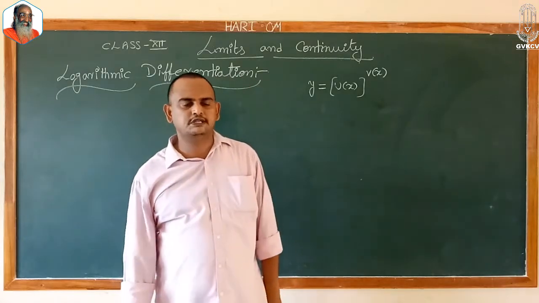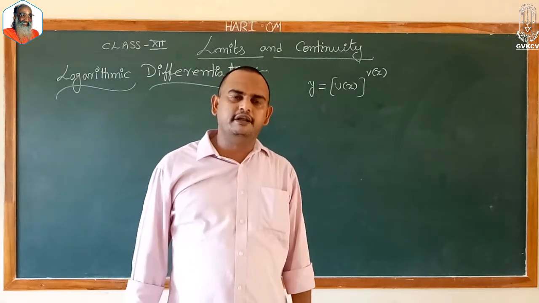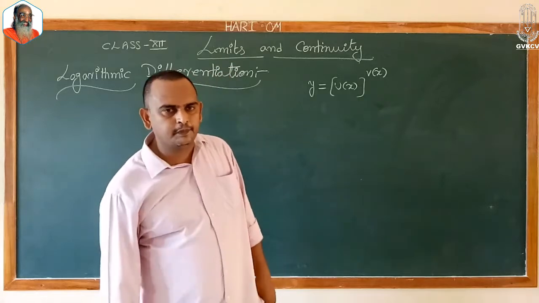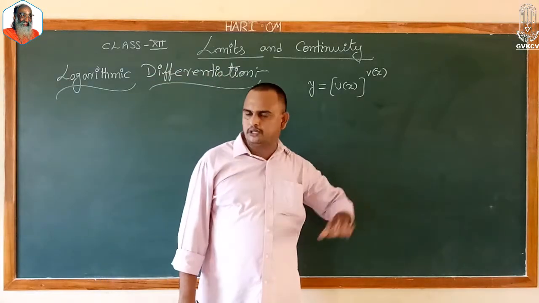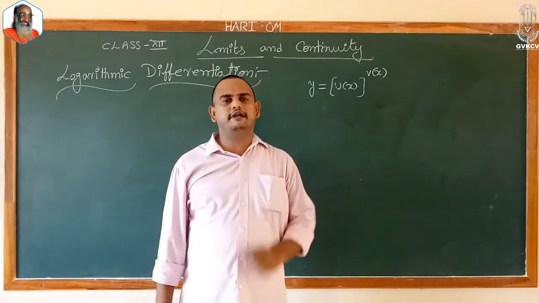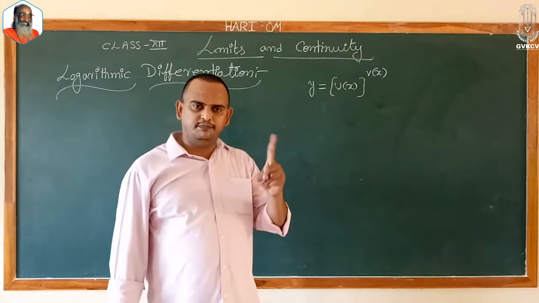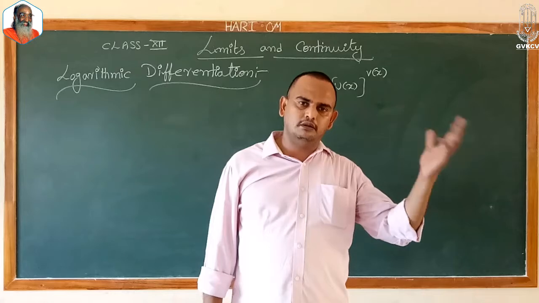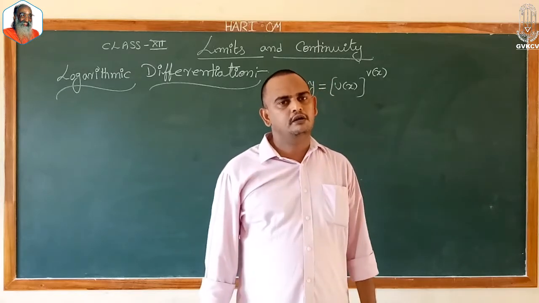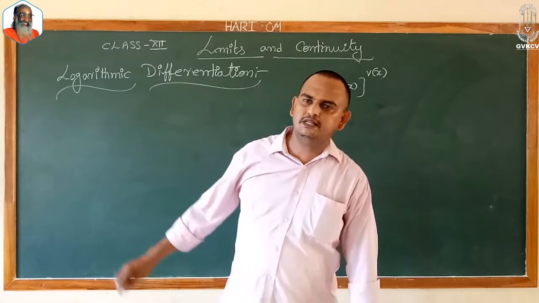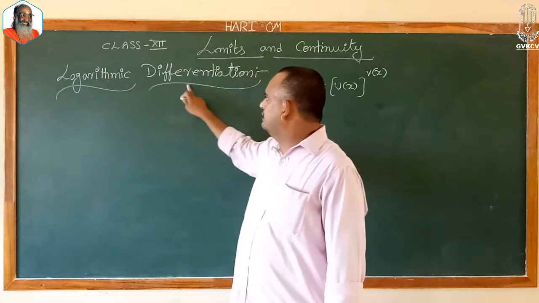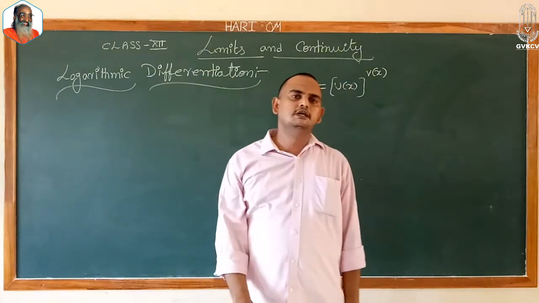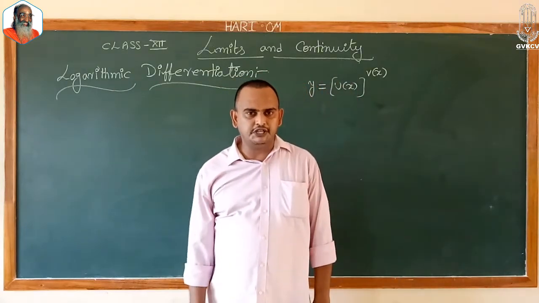Logarithmic differentiation means first we apply logarithm, then we go for differentiation. Step 1 is applying logarithm. Step 2 is going for differentiation. That is nothing but called logarithmic differentiation.